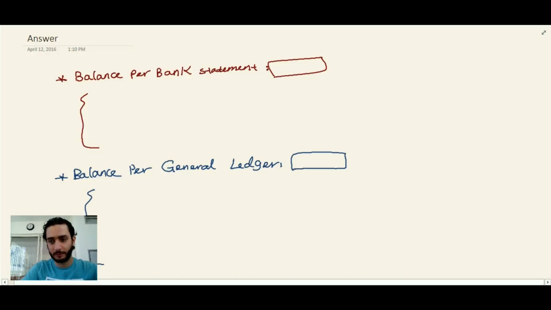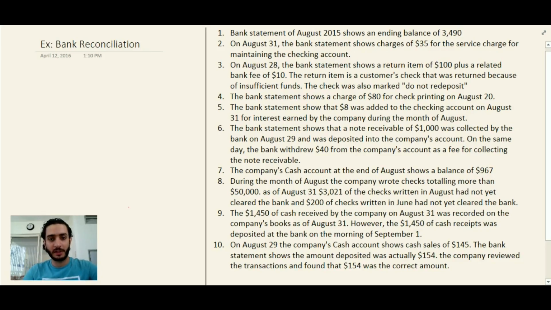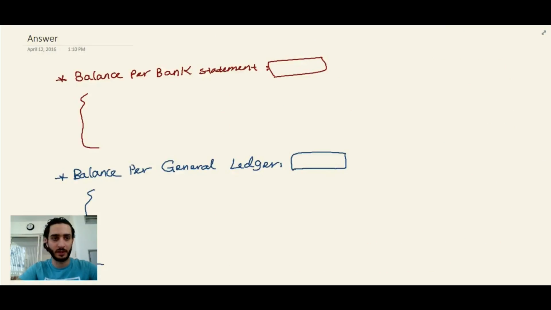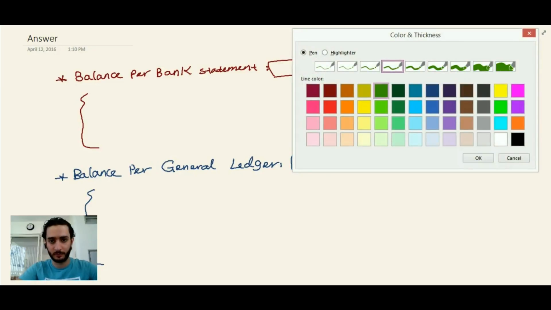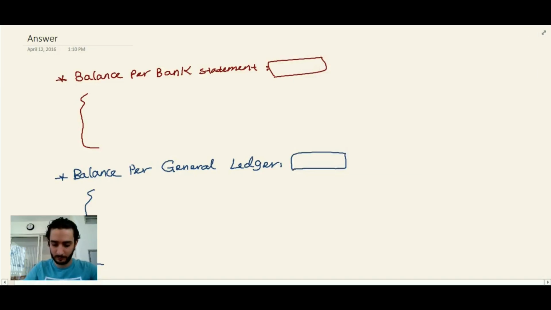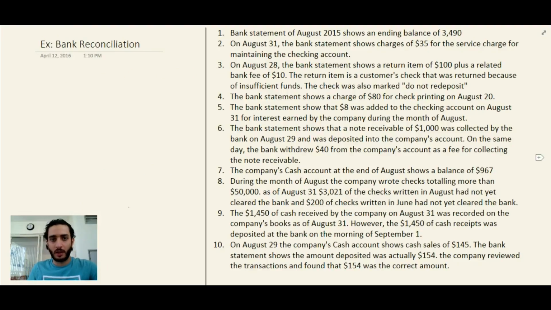So let's start. First, it's saying that the bank statement of August 2015 shows an ending balance of 3,490. So the ending balance is $3,490.